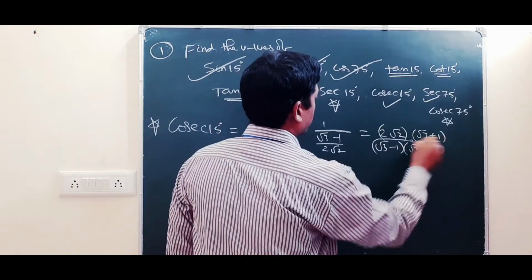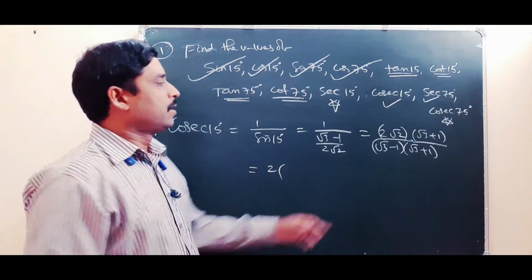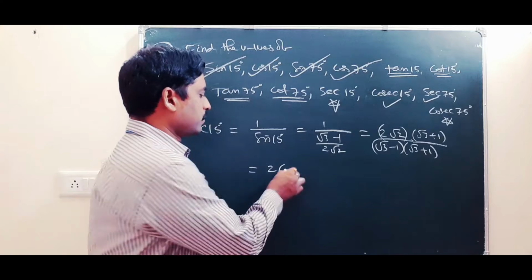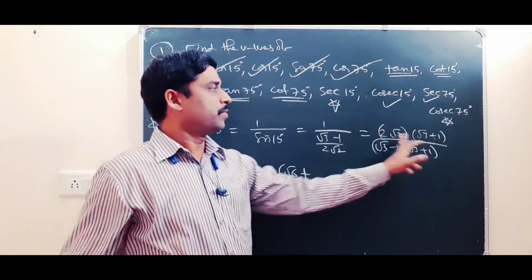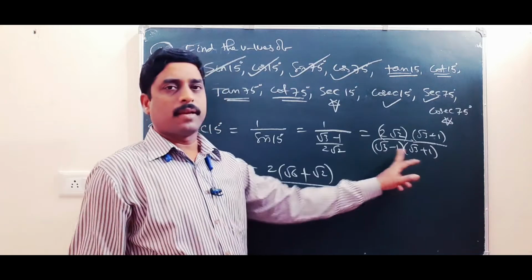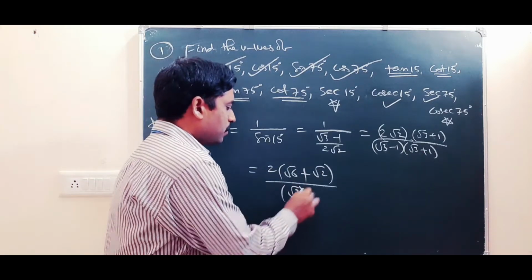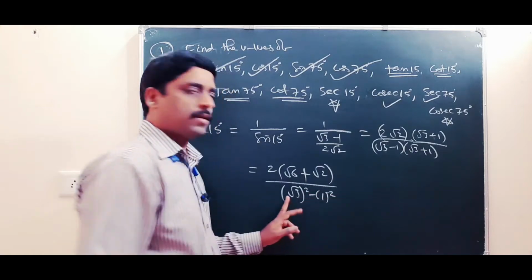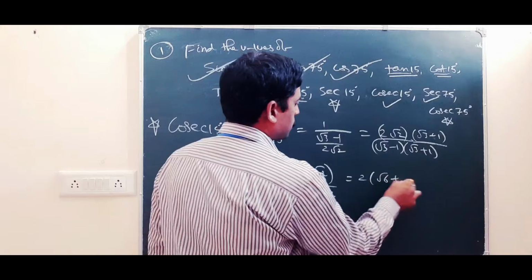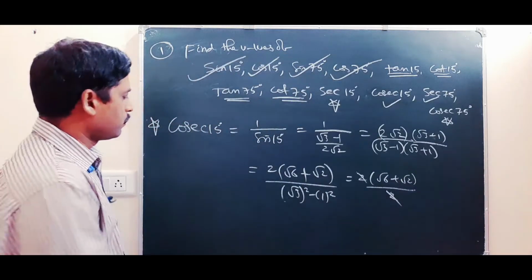This will be 2 into root 2 multiplied with root 3 plus 1. Root 2 into root 3 is root 6, plus root 2 into 1 is root 2. In the denominator, by using a minus b into a plus b, a square minus b square, root 3 whole square minus 1 square is nothing but 3 minus 1, which is 2. So 2 times root 6 plus root 2 by 2, and the 2s get cancelled.